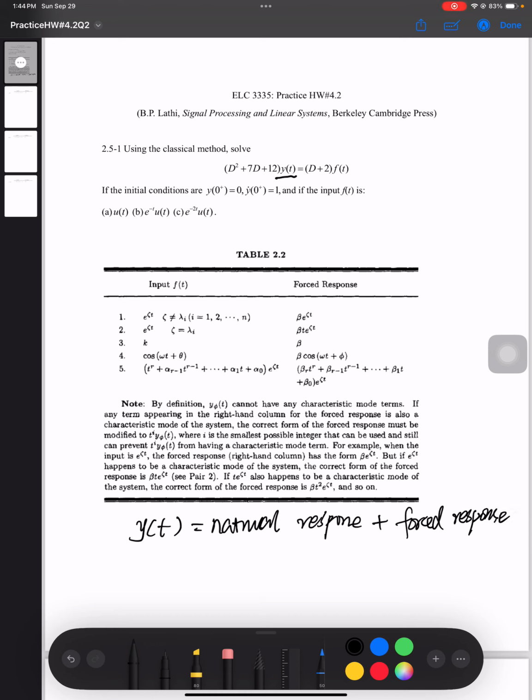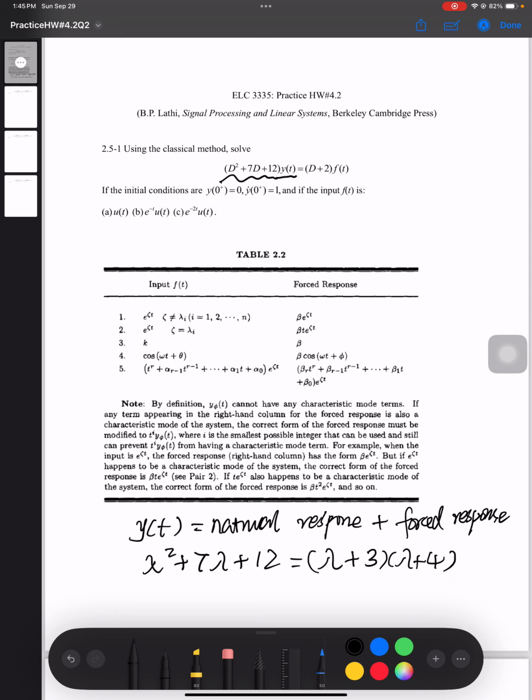And we can know the characteristic polynomial is lambda squared plus 7 lambda plus 12, which equals (lambda plus 3) times (lambda plus 4).